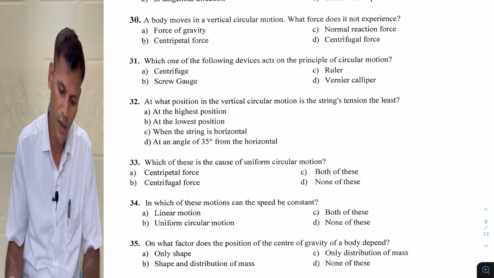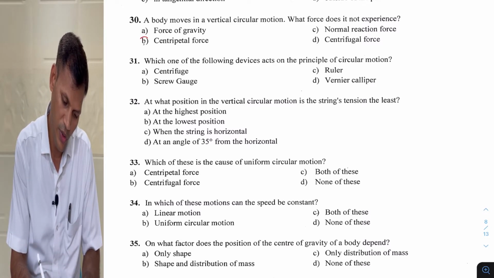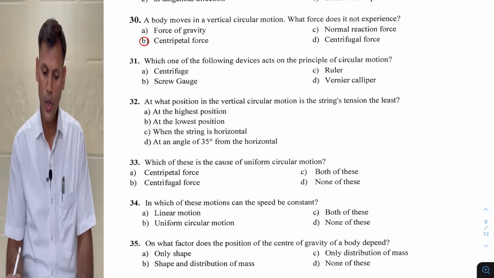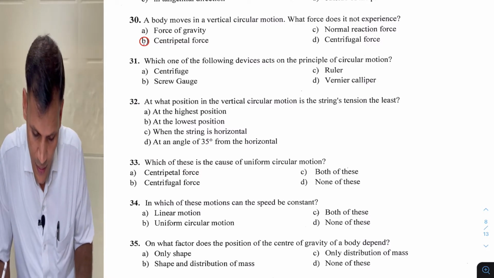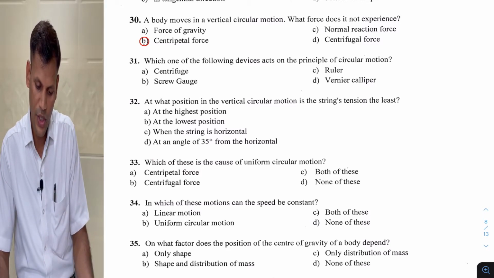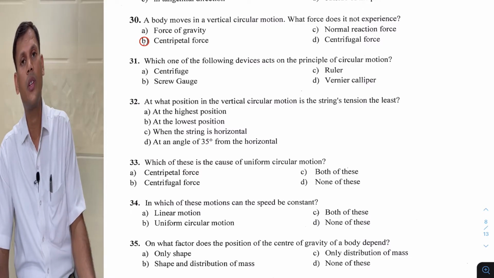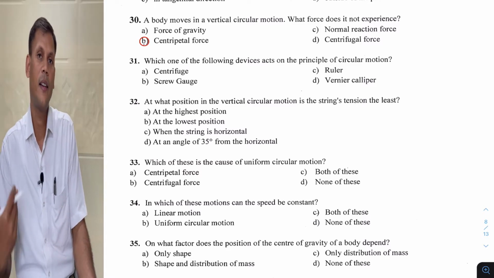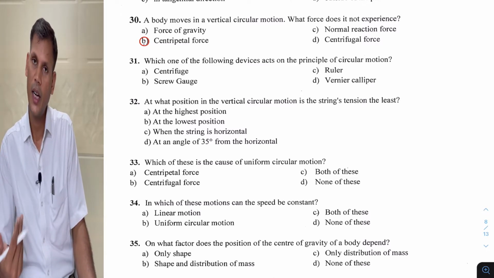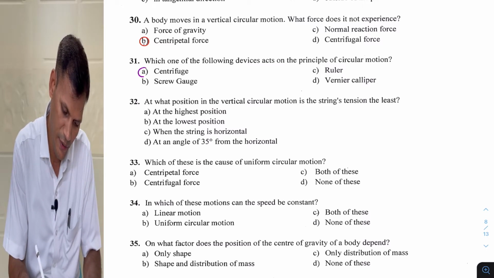Of course, it will not experience centripetal force. Which one of the following devices acts on the principle of circular motion? So, which device works on the principle of circular motion? Centrifuge machine, like our washing machine is also kind of that machine. So the answer is centrifuge.